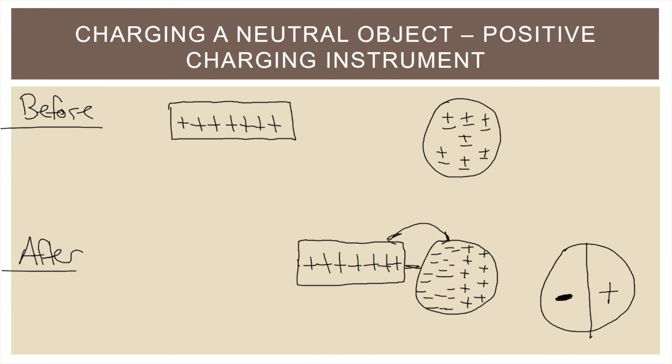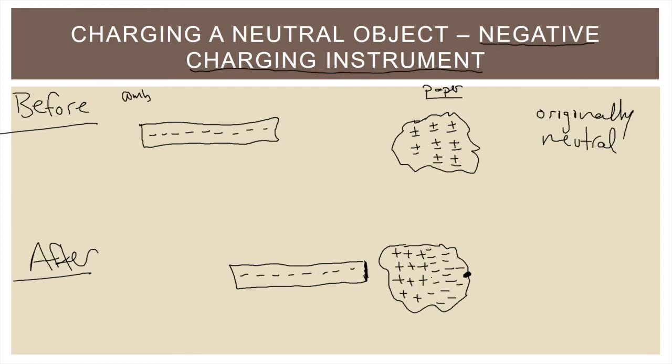That's the deal. Notice that's the same thing, actually, if we go back and talk about what this looked like for the negative charging instrument. As we saw with our piece of paper here, yeah, all the electrons moved away, the protons hung around, and now you have electrons in the comb being stuck next to the positive charges in the paper, and so they attract.